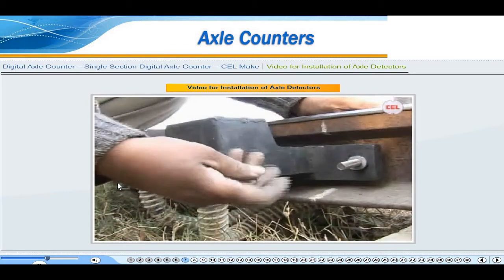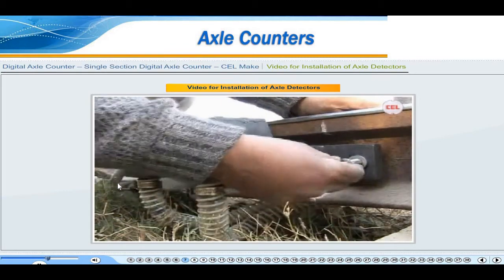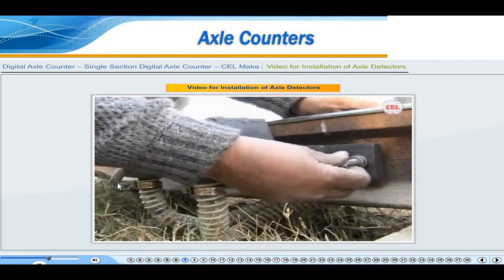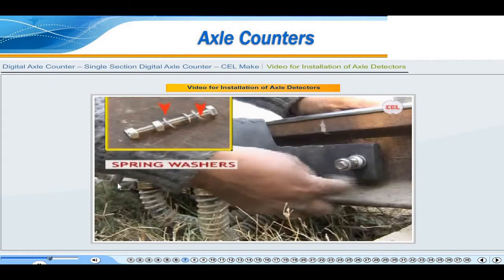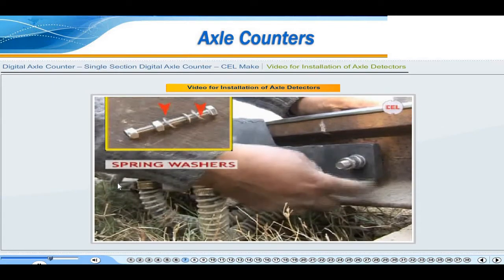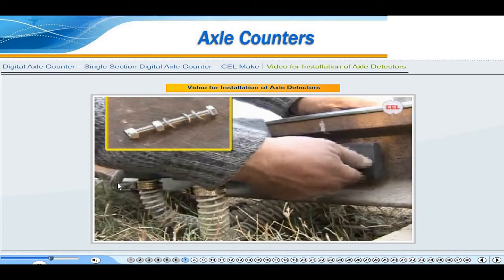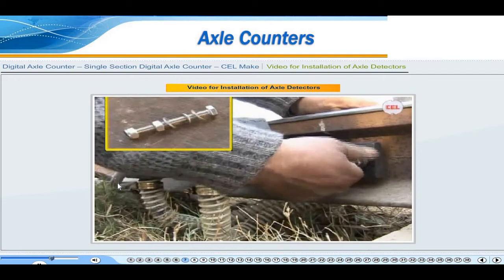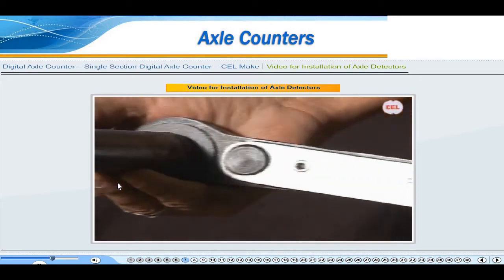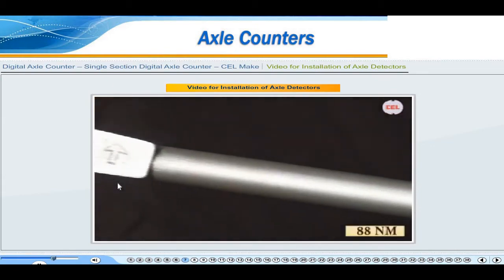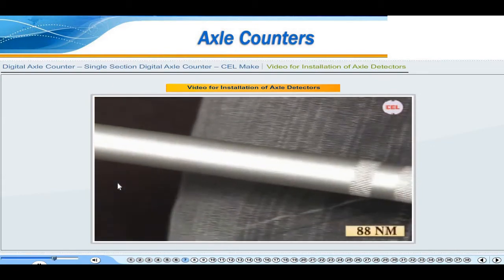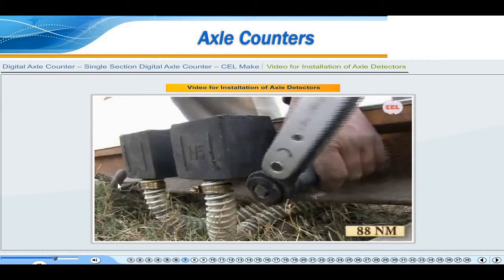To fix the TX coil housing and RX coil housing on the web of the rail, use bolts, nuts and spring washers of M12 by 100 millimeters. Use an 88 Newton meters torque wrench to tighten the nuts and the bolts.